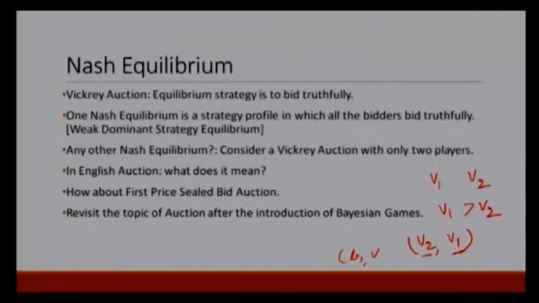He wins the auction, and the new bids would be B1 and V1, where B1 is greater than V1. In this case he wins the auction and he has to pay an amount equal to V1. So, his net payoff would be V1, as V1 is the valuation for this person, minus V1, the amount he has to pay.